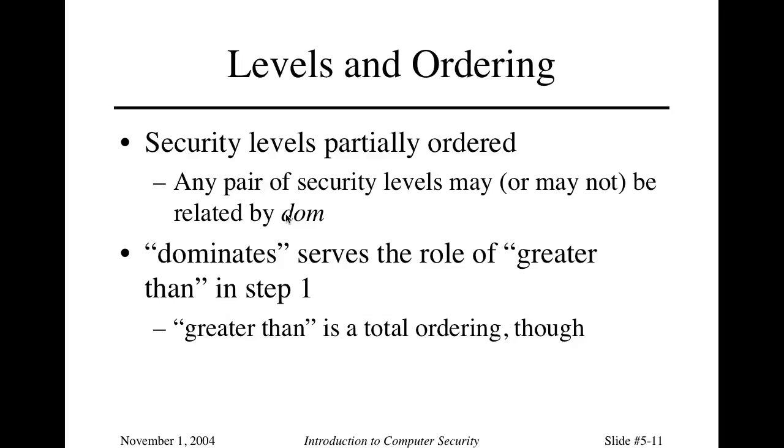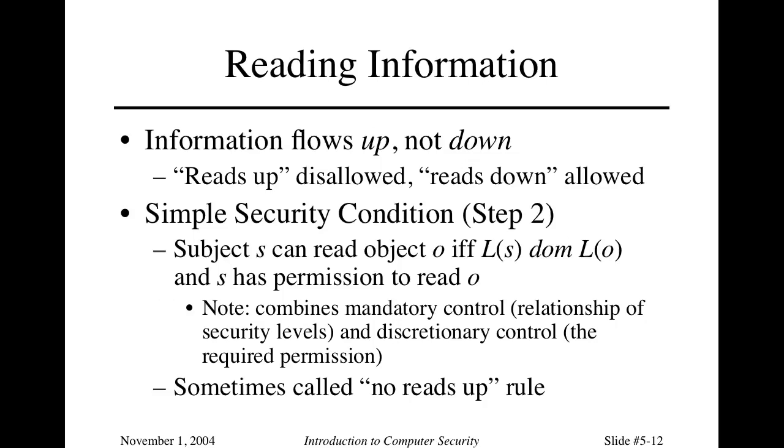If we consider the relation dominates, like greater than, in the simplest or first security model with linear security levels, then greater than is a total ordering. So for any two levels, we can always compare them. So this is different. Now we have a more complex case. We still follow the two rules we mentioned before.